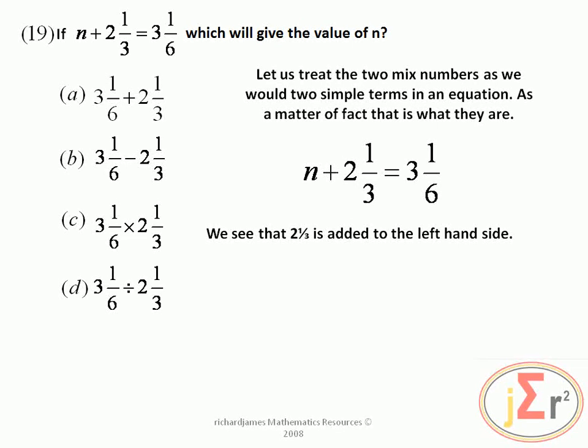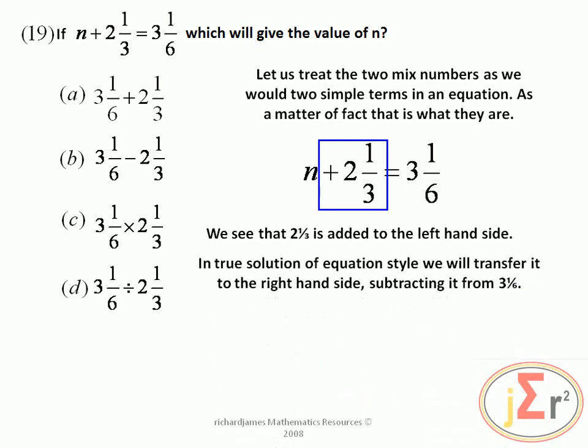So we see that 2 1/3 is added to the left-hand side. So what do we do? There it is, added to the left-hand side. In true solution of equation style, we will transfer it to the right-hand side, subtracting it from 3 1/6. So because it is added on the left-hand side, we are going to subtract that 2 1/3 from the right-hand side. And what do we have?